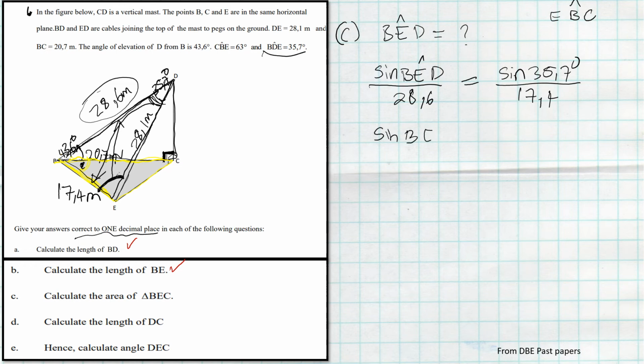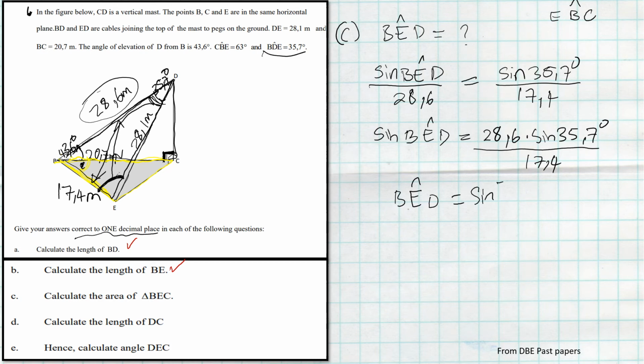Then I can cross multiply and go and solve for my angle. So sine BED will be equals to what? 28.6 multiplied by sine 35.7 degrees, divided by 17.4. Then to get my angle, I'm just gonna take arc sine of 28.6 multiplied by sine 35.7 degrees divided by 17.4.